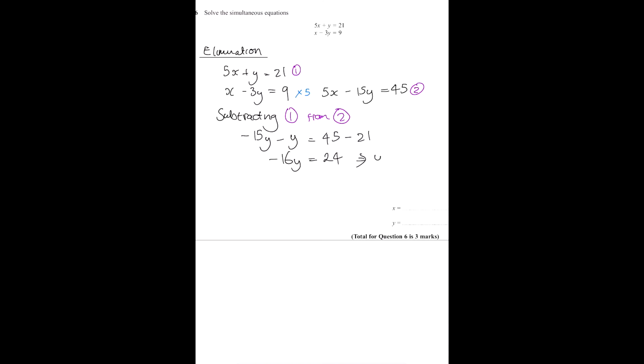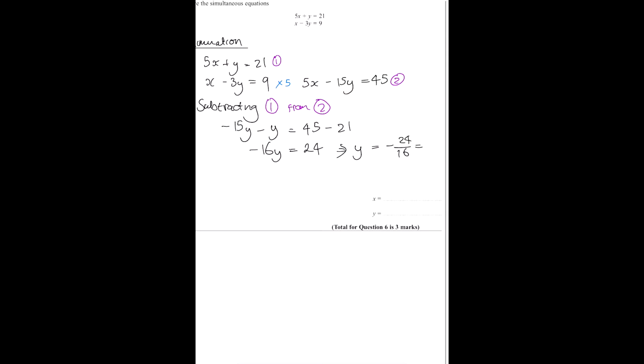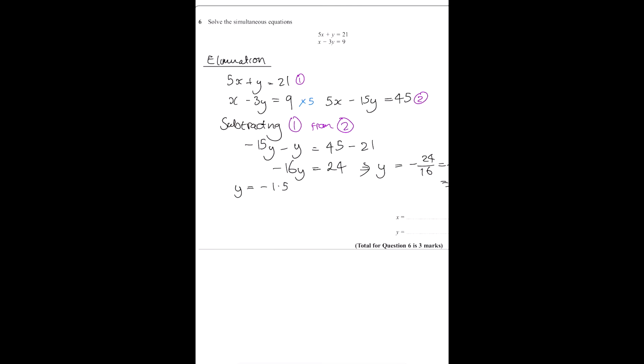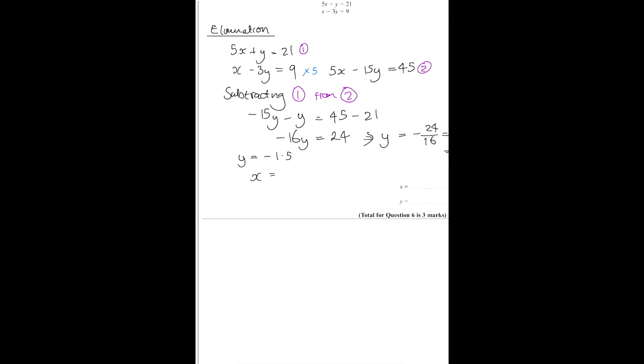So that means that y was minus 24 over 16. And again, 4 goes into them. 6, 4, and then 2 goes 2 times, and then 3. So y is equal to minus 1.5. Then we just need to find what x is. Well, x is equal to 9 plus 3y by rearranging the above equation and then putting in the value.